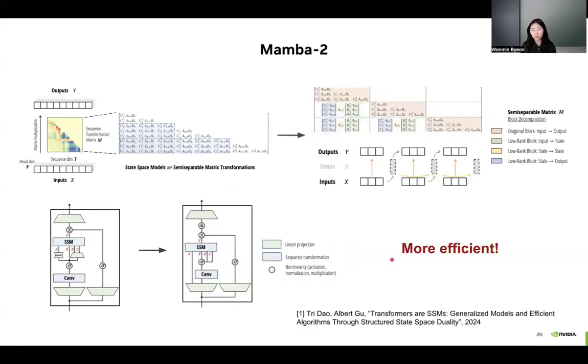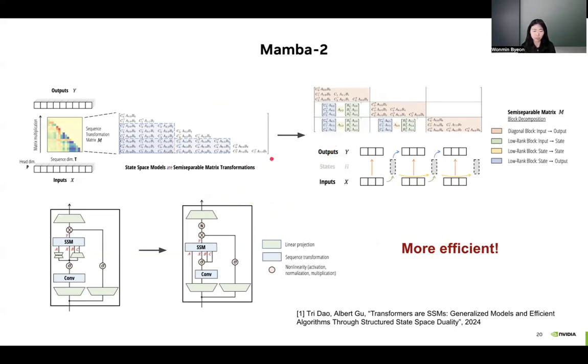The same authors of Mamba later introduced the second version, Mamba 2. I won't go into the details about the Mamba 2 model, but the major parts are these two things.